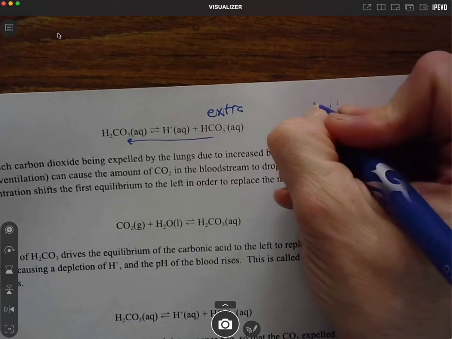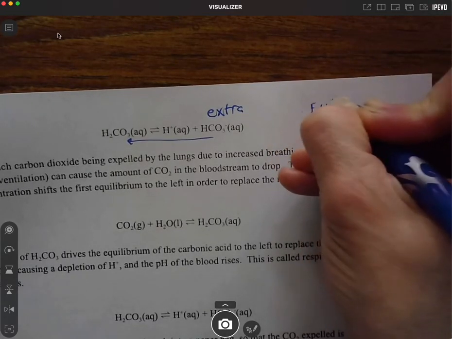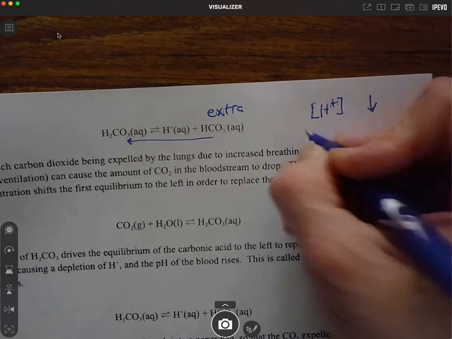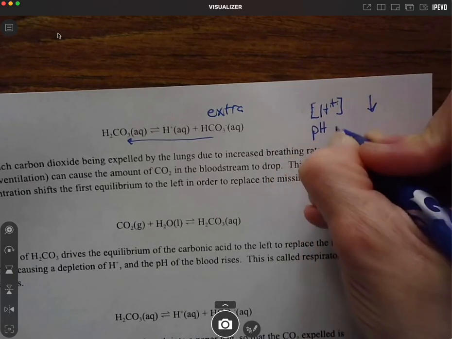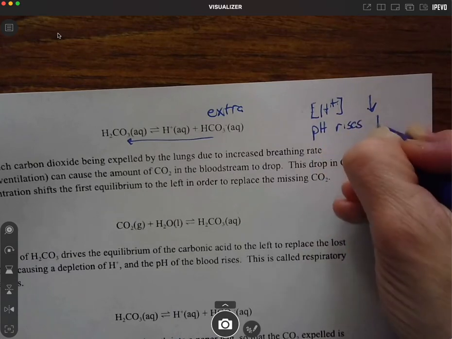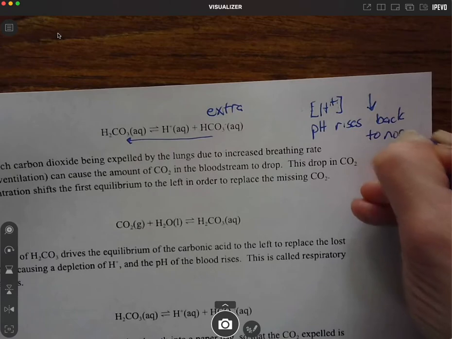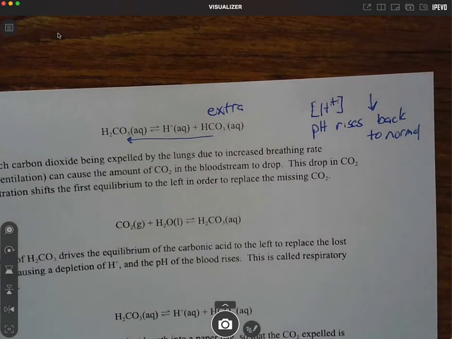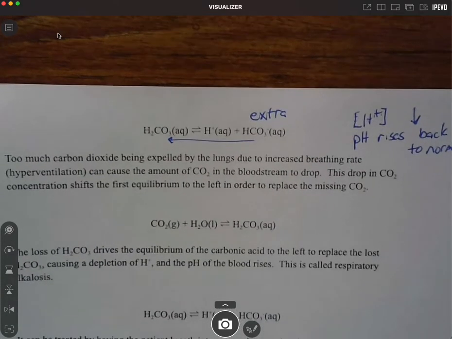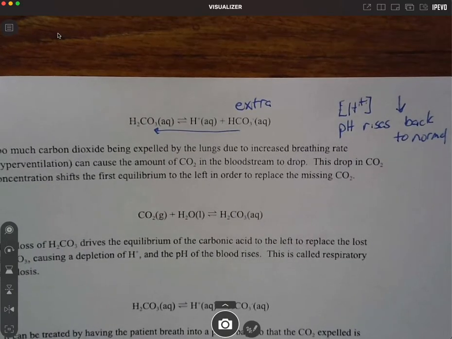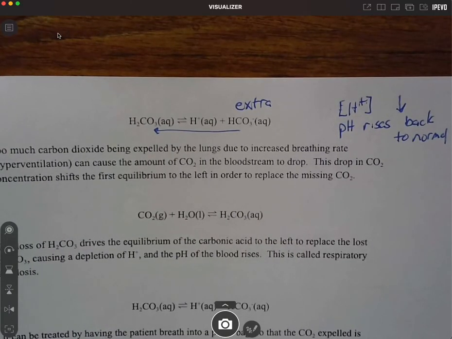If we drive this back, the hydrogen ion concentration goes down, pH rises back to normal. Okay. So respiratory distress causes the blood to become acidic. The blood that's acidic can be treated with intravenous sodium hydrogen carbonate.